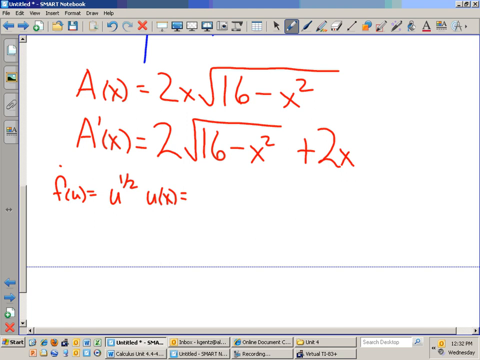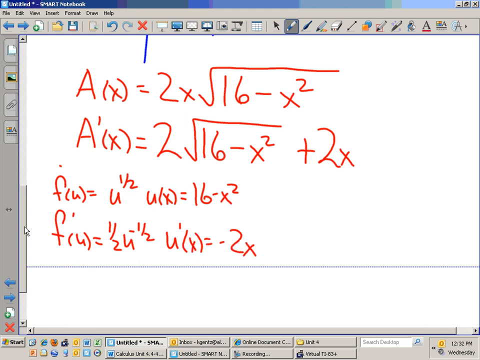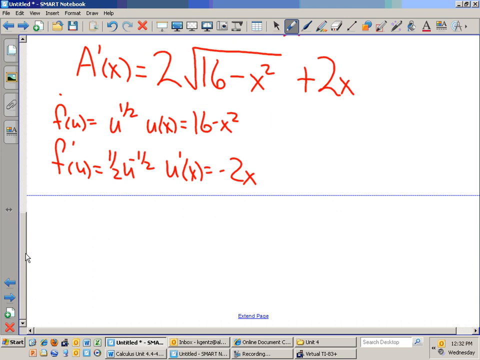What's the inside part of my function? 16 minus x squared. And then f prime of u, what's the derivative of u to the 1/2? 1/2 u to the negative 1/2. That's great. And then what is u prime of x? Negative 2x.